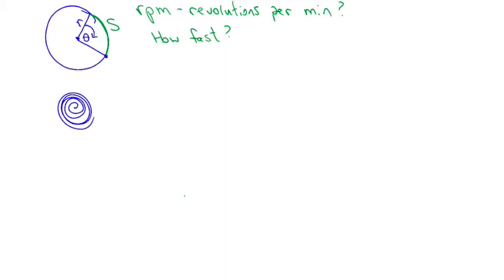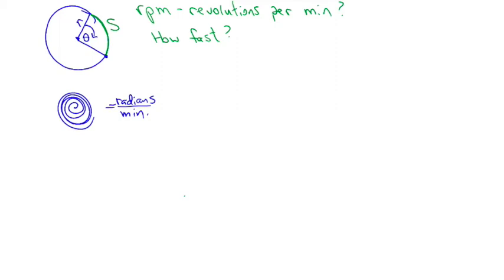It's the rate of radians per time frame, but I'll just put down here per minute. It could be radians per hour, radians per second, whatever it's going to be. So there's a relationship between radians per minute and revolutions per minute. There's a direct connection between them, but they're not exactly equal.